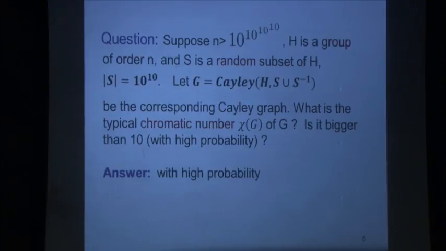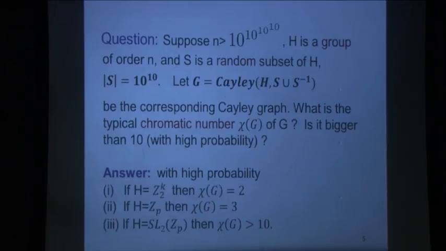So the claim is that with high probability, and usually that means with probability that tends to 1 when some parameters tend to infinity, but here things are finite, so think about high probability as just probability 99%, 0.9 if you want. So the following holds.